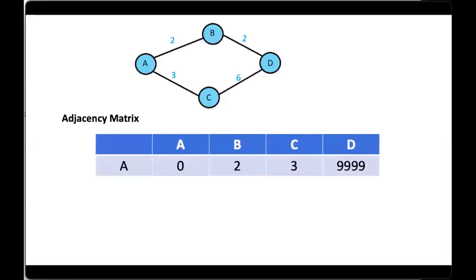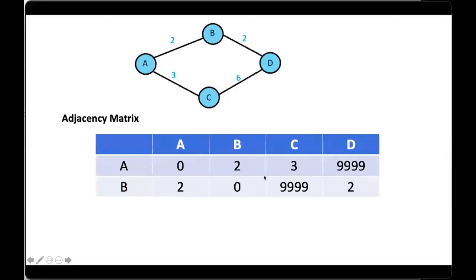The adjacency matrix is a simple thing. A to A, there is no edge, so we'll write it as 0. And A to D, there is no connection, for that reason we'll write it as some high value.